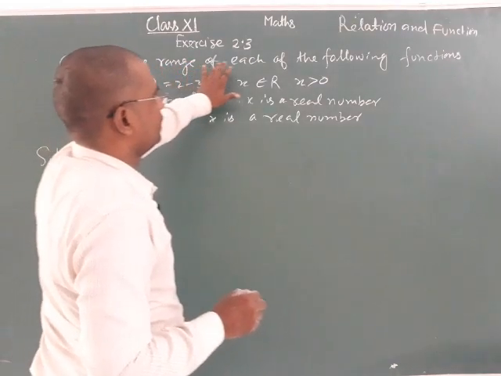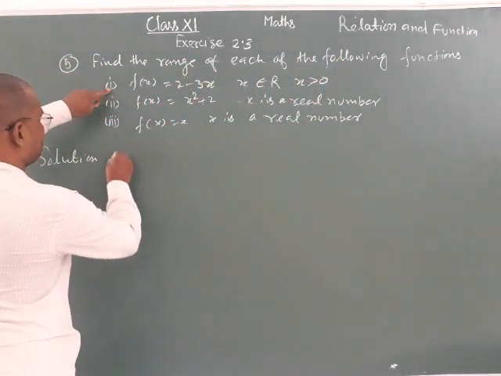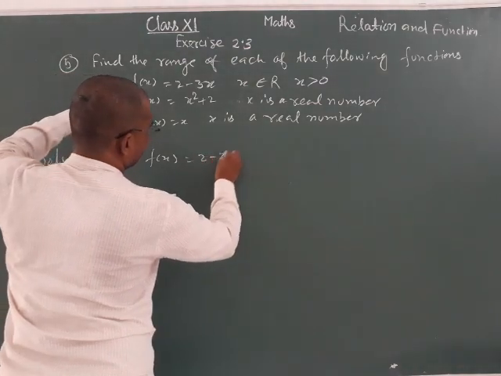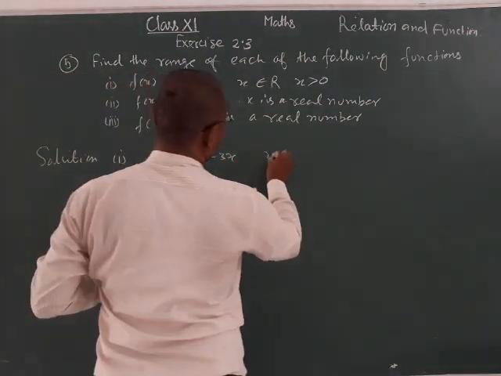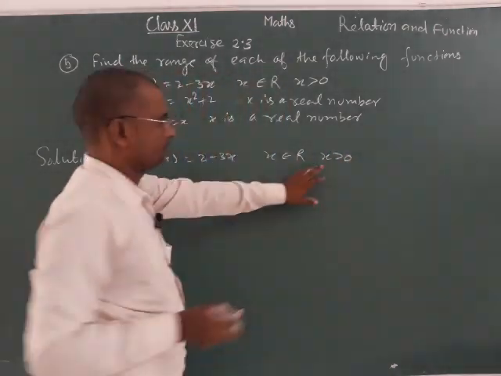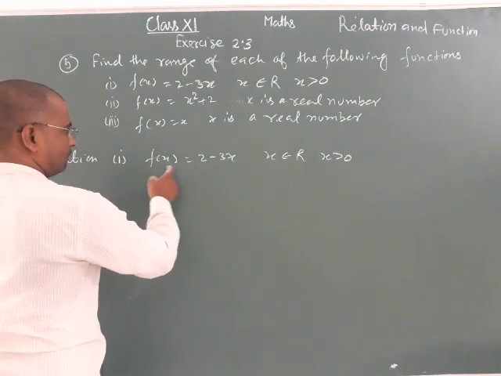Find the range of each of the following functions. Question number 1, first part: f(x) = 2 minus 3x and x belongs to R, x greater than 0.